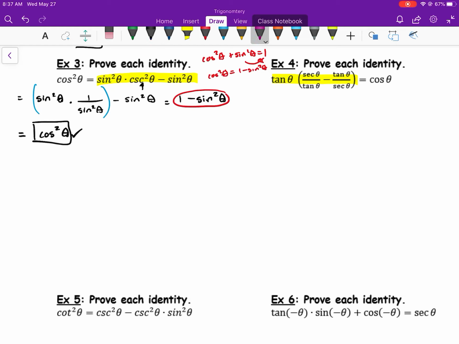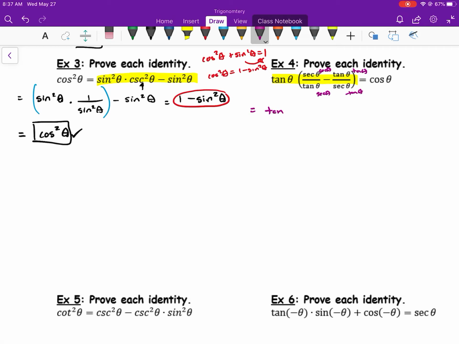In order to combine this fraction in parentheses, I need common denominators. So I am going to multiply this by secant theta and this by tangent theta.